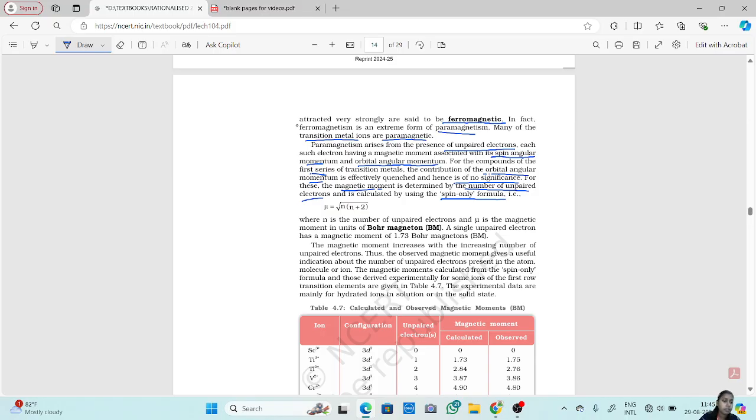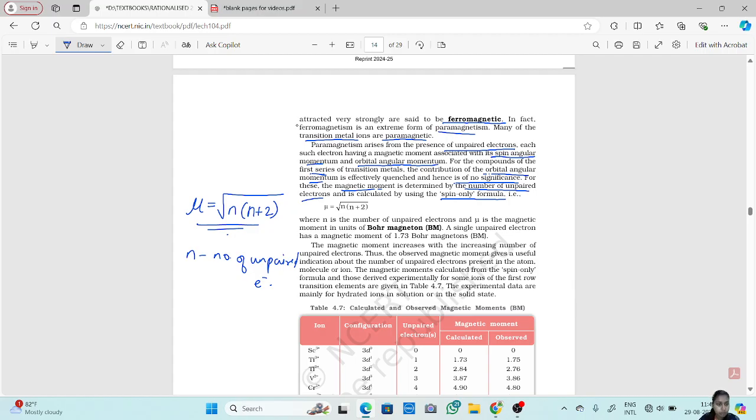Now this is the spin only formula, that is mu is equal to root of n into (n plus 2), where n is the number of unpaired electrons. You only have to know the number of unpaired electrons to calculate the magnetic moment of the molecule or the atom.